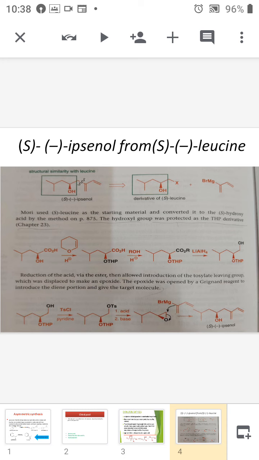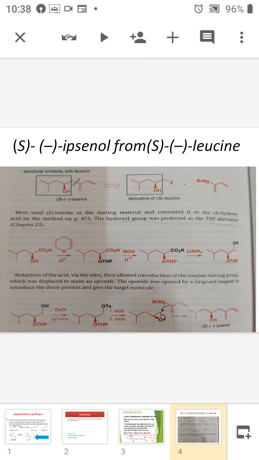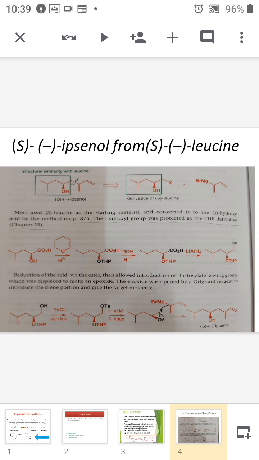Here the OH group is more reactive than the carboxylic acid, so it is protected using THP, and the reaction occurs at the acid group using alcohol. The acid is converted into the ester, and after esterification it is reduced using lithium aluminum hydride and we get the corresponding alcohol.